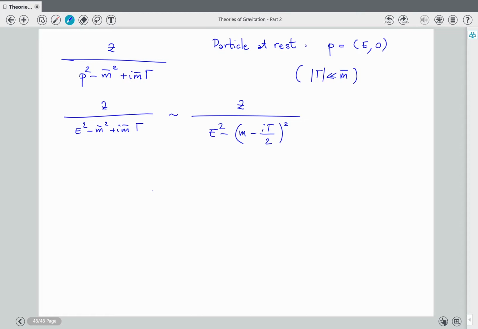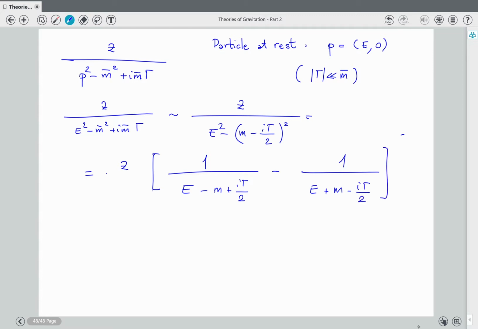But let's still assume that the width is much smaller than m bar, which is what is normally done. And so you can write this as E minus m plus i gamma divided by 2, E plus m minus i gamma divided by 2, and that will be divided by 2m minus i gamma.